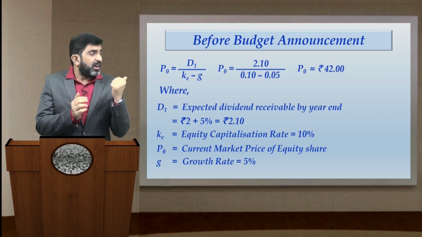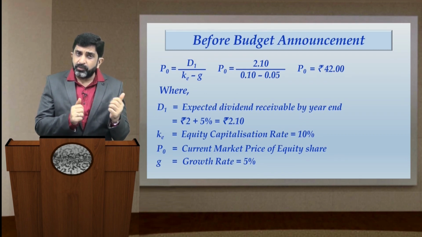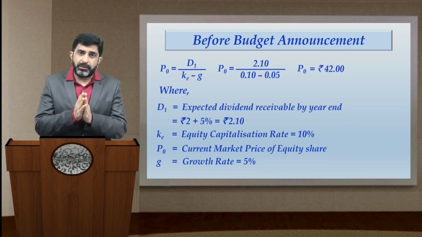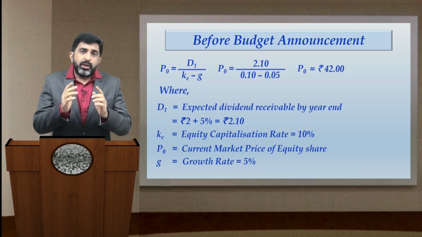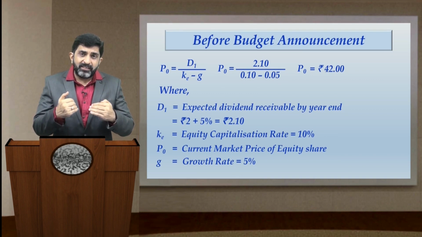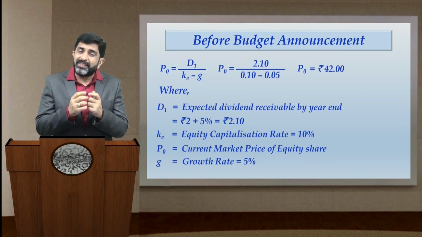The expected rate of return that we have considered over here, that is 10%, is a before-tax rate of return. Now the tax rate is 30%, and whatever the shareholder is earning before tax, that expected rate of return is 10%.